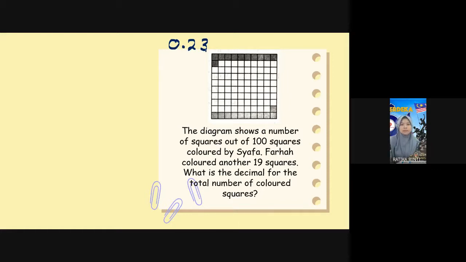Any other answer? 0.22. Alia, you cannot say zero point twenty-two. The numbers after the decimal point you must read one by one. So this is zero point two two. Okay. Other answers? Any?